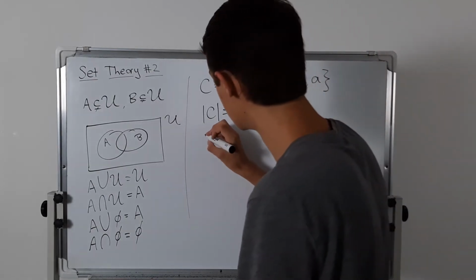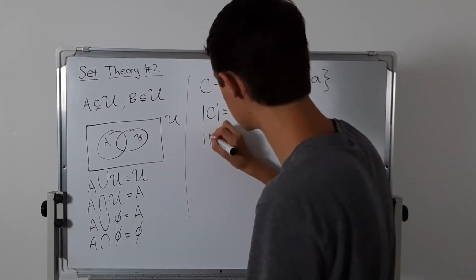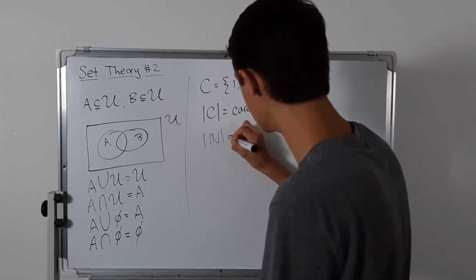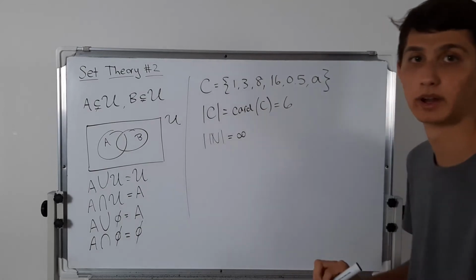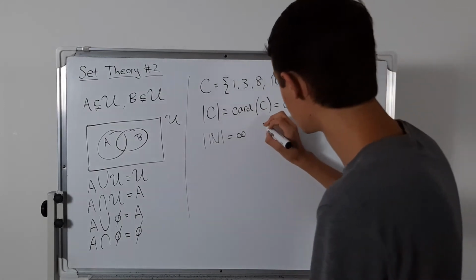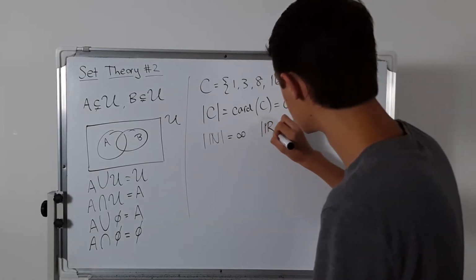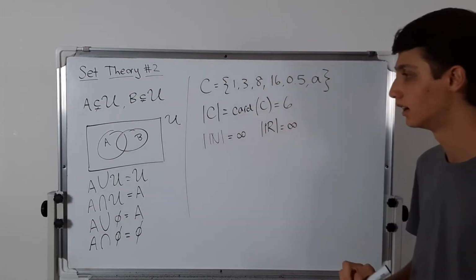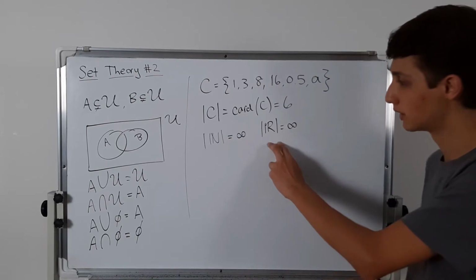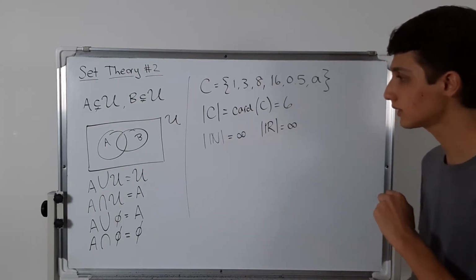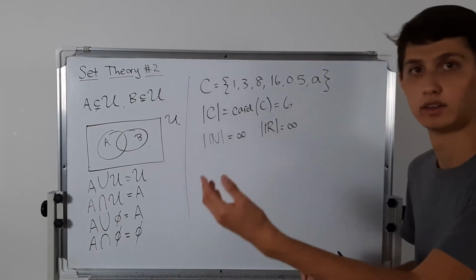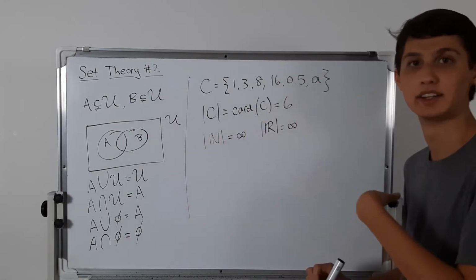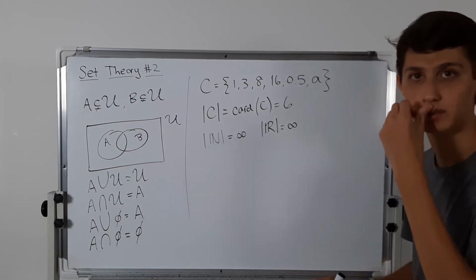Like, what is the cardinality of the natural numbers? Well, you may think, okay, that's infinite, because there is an infinite amount of natural numbers, right? Okay, cool. How about the real numbers? What's its cardinality? Well, it's going to be infinite as well. But do you agree that there are more real numbers than natural numbers? Because the natural numbers is just maybe 0 if you count 0, but it's 1, 2, 3, 4, all the positive whole numbers.